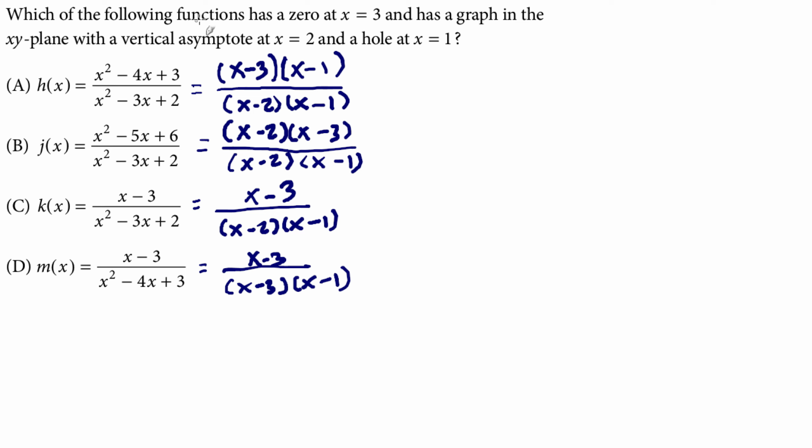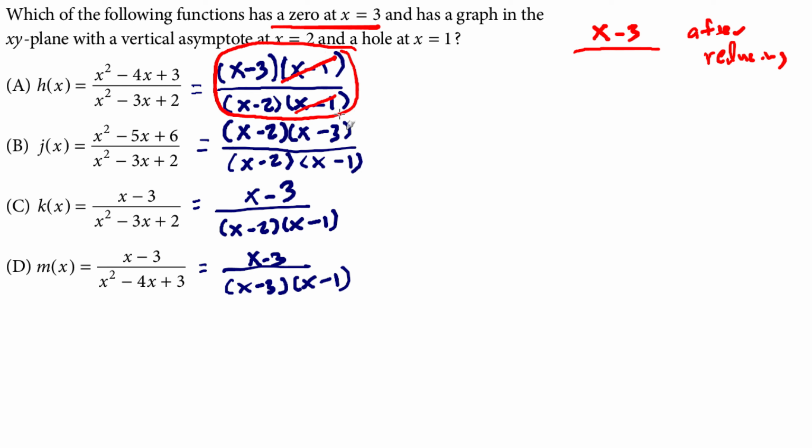I need a 0 at x equals 3. So this means that I need an x minus 3 in the numerator after reducing. I can see that when I reduce this one down, I still have an x minus 3 in the numerator, so that will have a 0 at x equals 3.